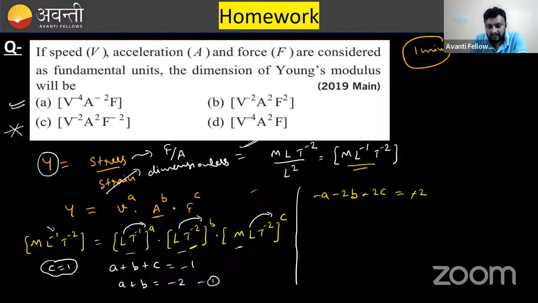So the minus can be cancelled out from everywhere. That will be a plus 2b plus 2c, and c is 1, so that is 2 equal to 2. The 2 and 2 can be cancelled, so a plus 2b is equal to 0. Let it be equation number 2, and the other equation is a plus b is equal to minus 2. You can solve it out.